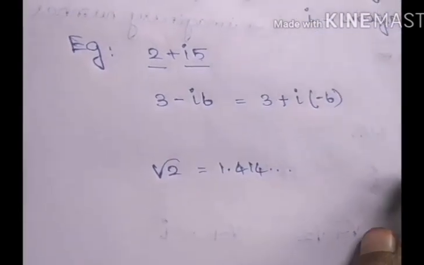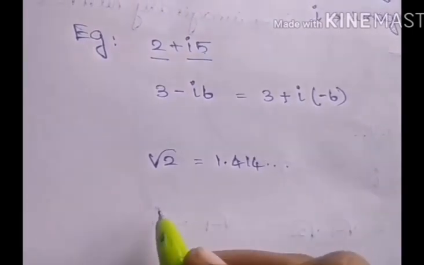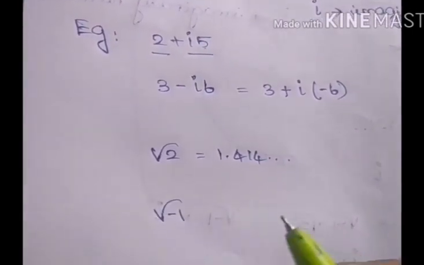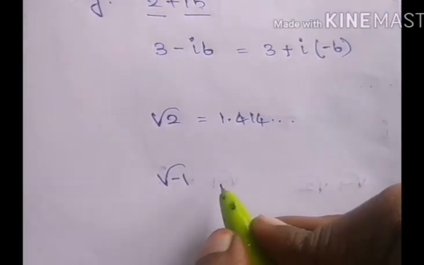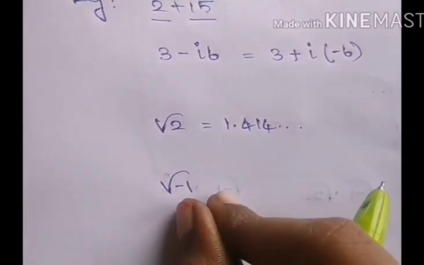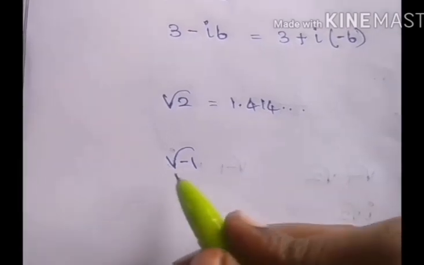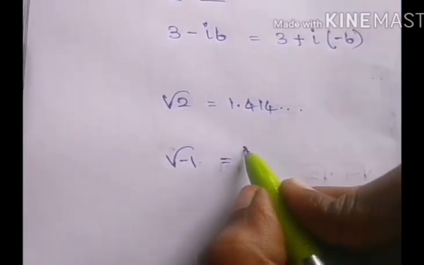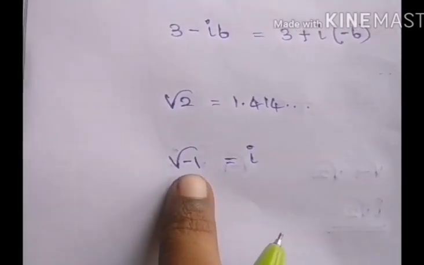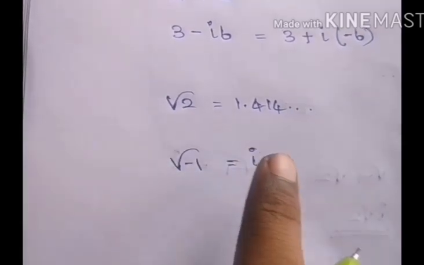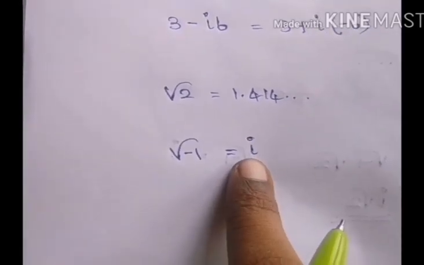Have you imagined what if we have a negative number inside the square root? What will be its answer? Here comes the imaginary number. The answer for this one is i. If we have a negative sign inside the square root, it is considered as an imaginary number i.